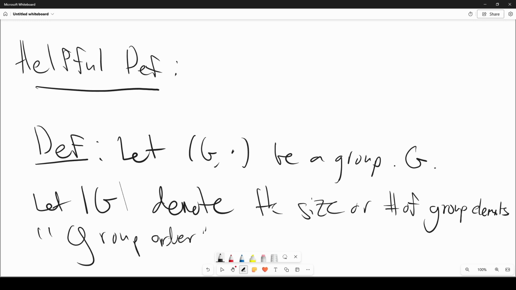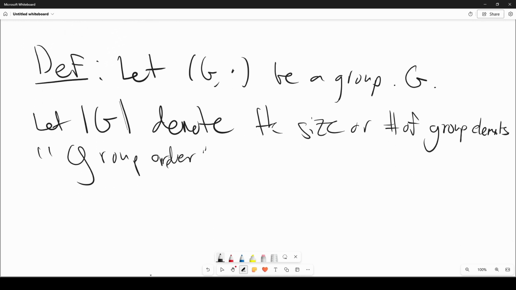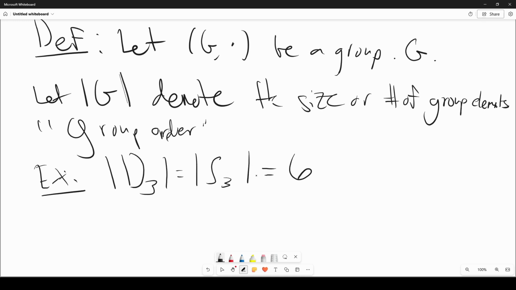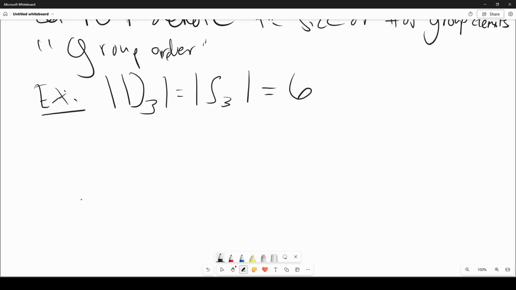It's kind of like an absolute value symbol around the group. And just an example that we saw last time was that the order of D3 equaled the order of S3 equals 6, because there's 6 group elements in each of these groups. Okay.